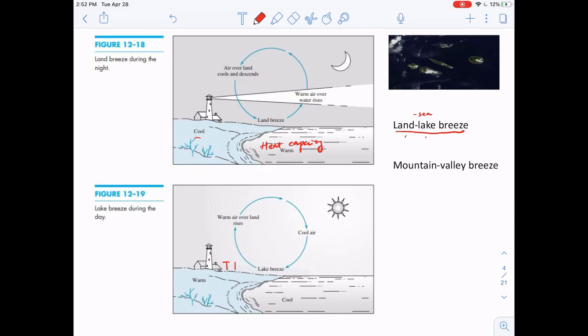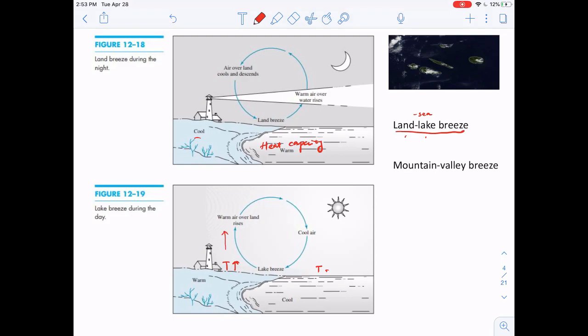So basically the land will have a higher temperature, while the water, since it has a much higher heat capacity, will have a smaller temperature rise. Let's say it just rises a little bit, right? So this will involve a difference in the air density. So basically over the warmer location on the land, the air will rise higher up, right?